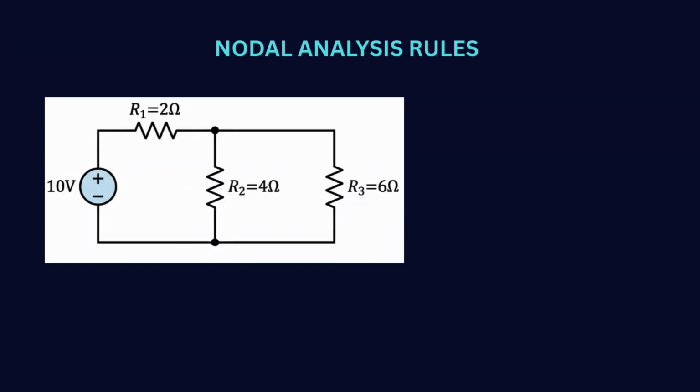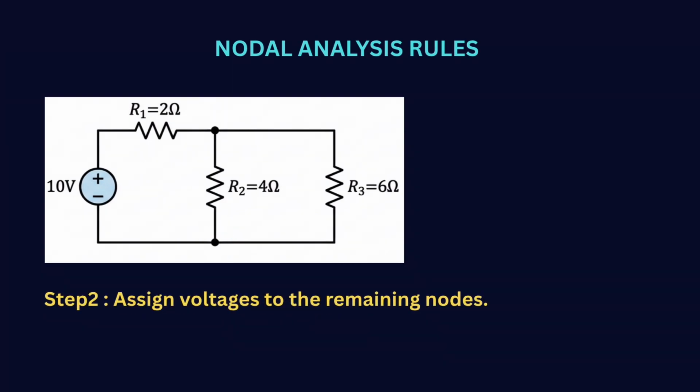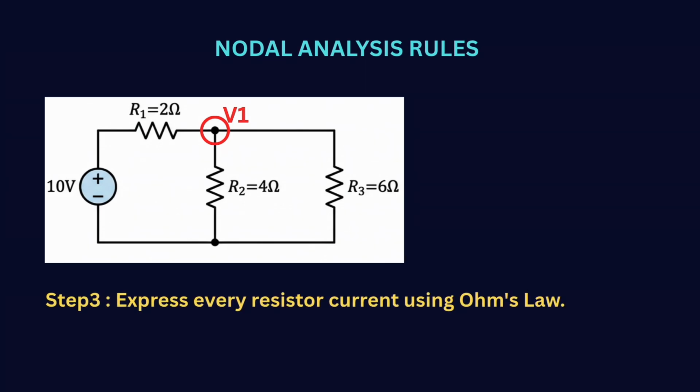In the very first step, we need to choose a reference node, that is a node with 0 volts. Next, we need to assign voltages to the remaining nodes. In this circuit diagram, the voltage we have assigned to this node is V1. Next, we need to express every resistor current using Ohm's law. Consider the current passing through the resistor R1.